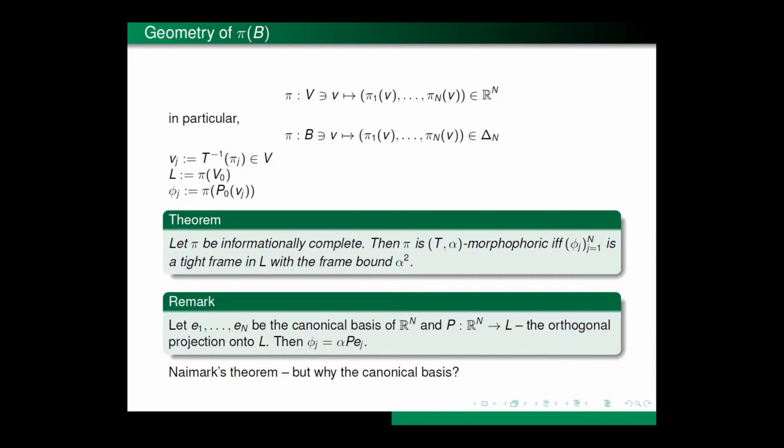So we know that there exists this orthonormal basis such that phi j can be defined as the projections of this basis. However, why it is in this case the canonical basis, this is some kind of magic here.